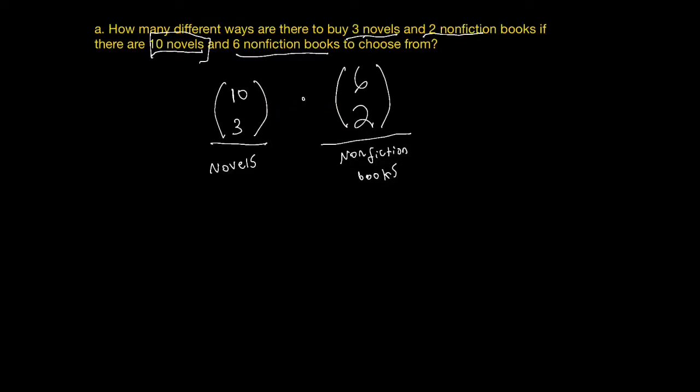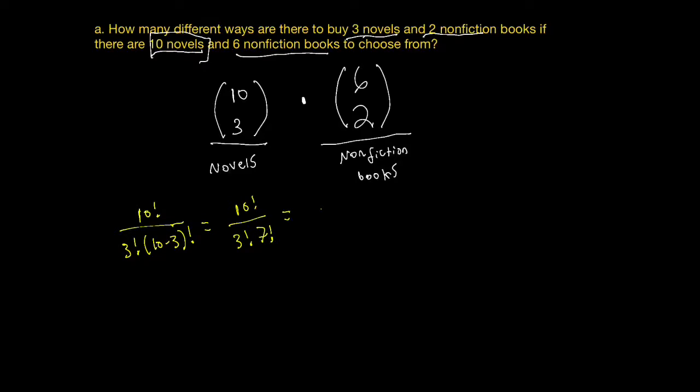So before we get the product, let's simplify each combination, beginning with this one, 10 choose 3. Here we get 10 factorial over 3 factorial multiplied by 10 minus 3 factorial. So we get 10 factorial over 3 factorial, 10 minus 3 is 7 factorial.